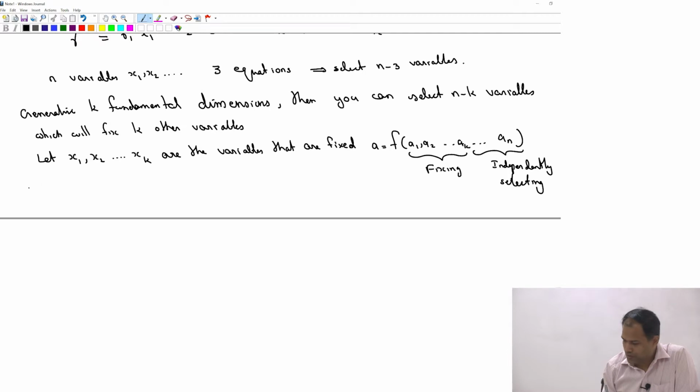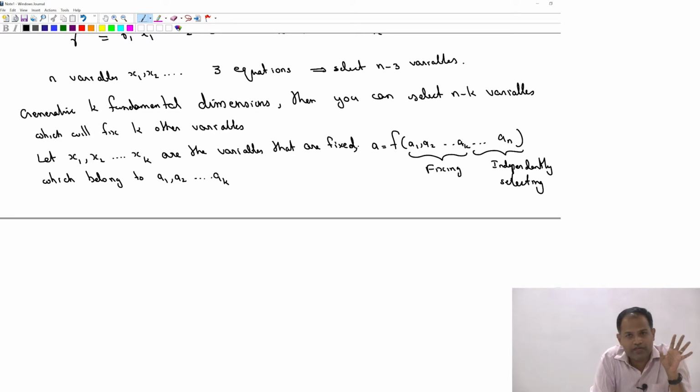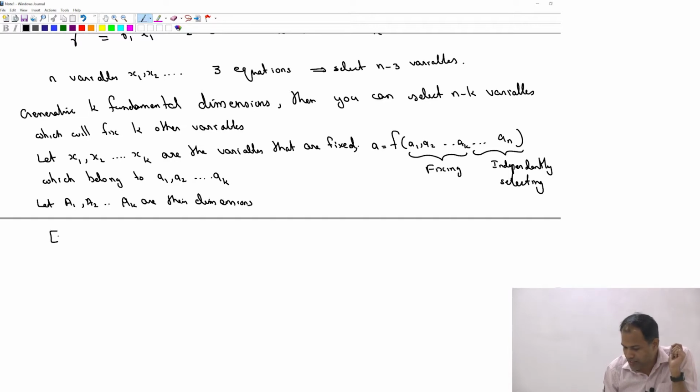So a1, a2, etc. up to ak are the variables that are fixed, and let x1, x2, xk be their powers which we have already taken, and let capital A1, A2, etc. up to capital Ak be their dimensions.